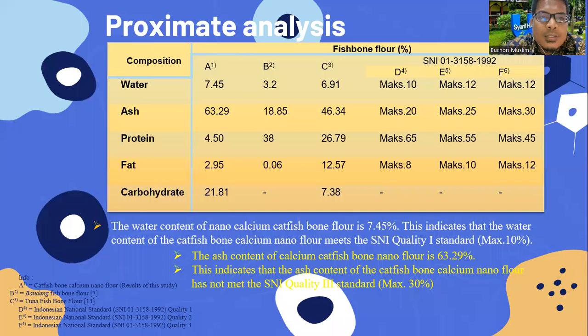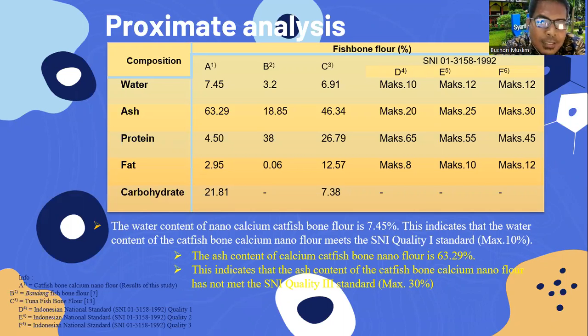The next slide, this is a table of proximate analysis. The water content of non-calcined catfish bone meal is 7.45%. This indicates that the water content of the catfish bone calcium meets the SNI quality standard number 1.